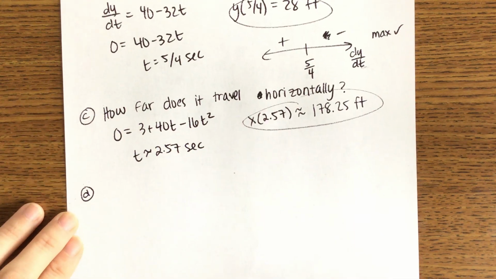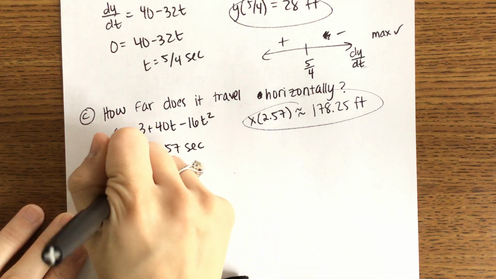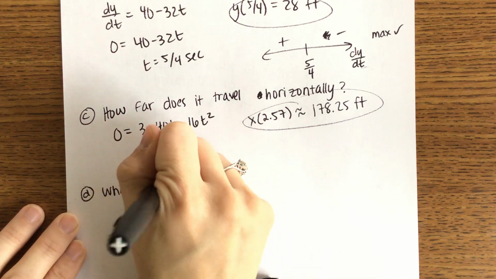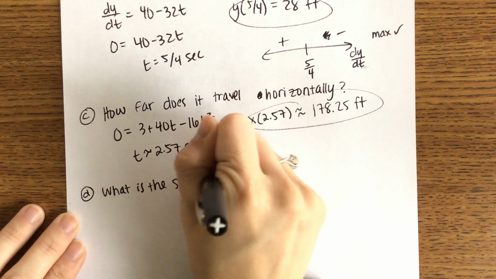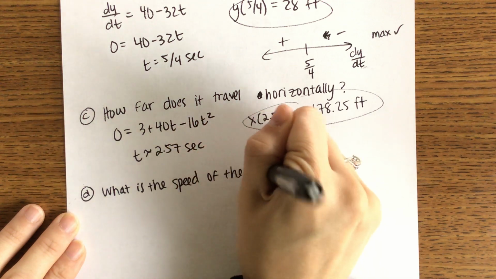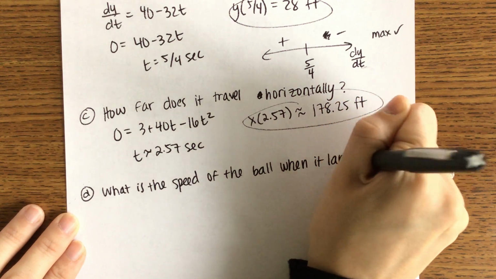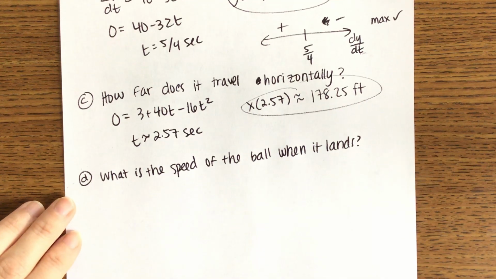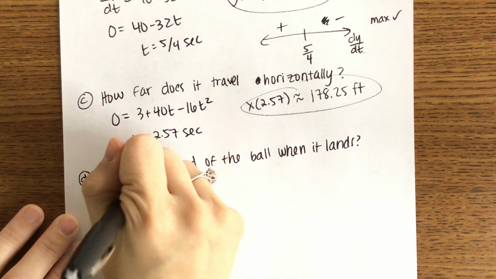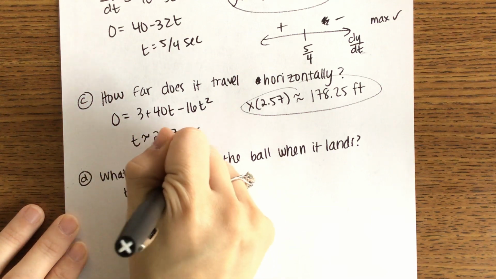And last question. What is the speed of the ball when it lands? So it lands, we talked about when the time is 2.57.